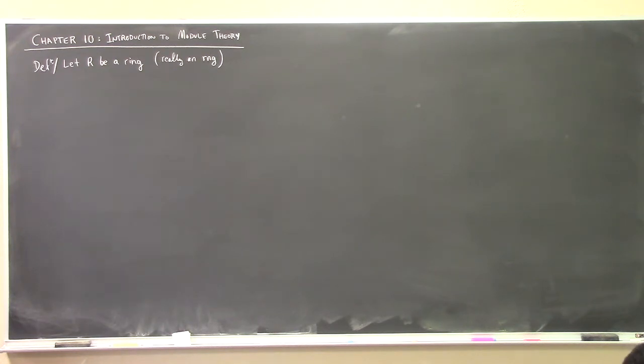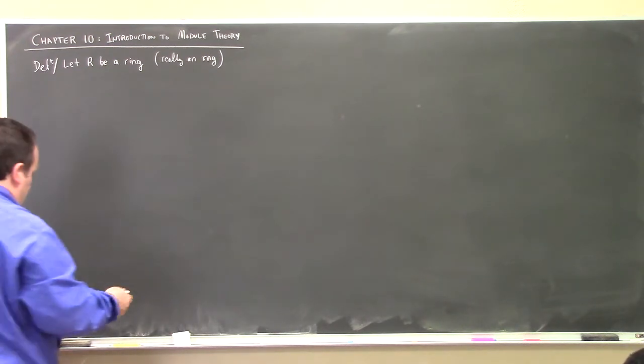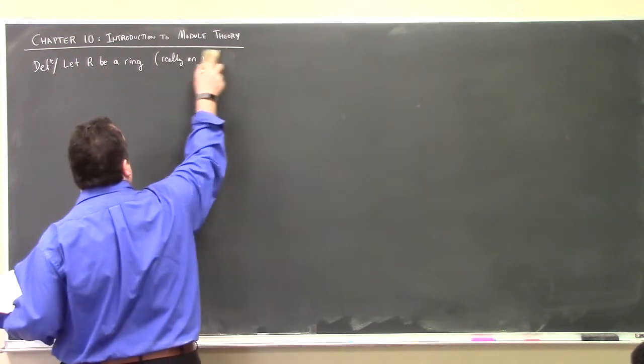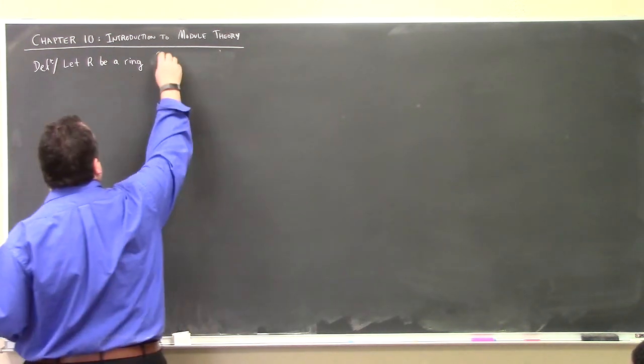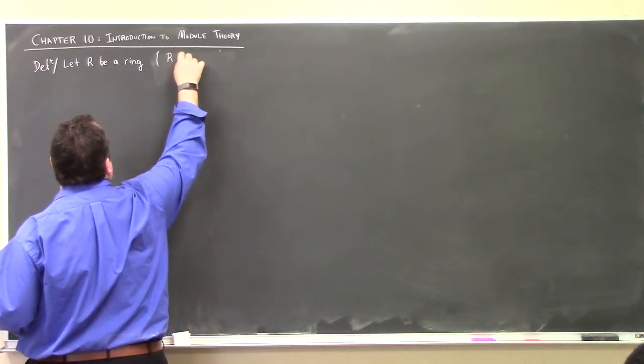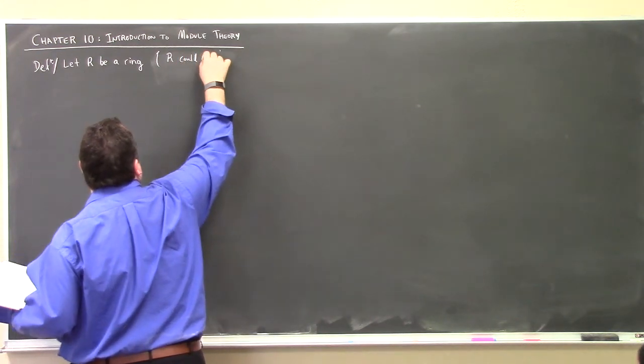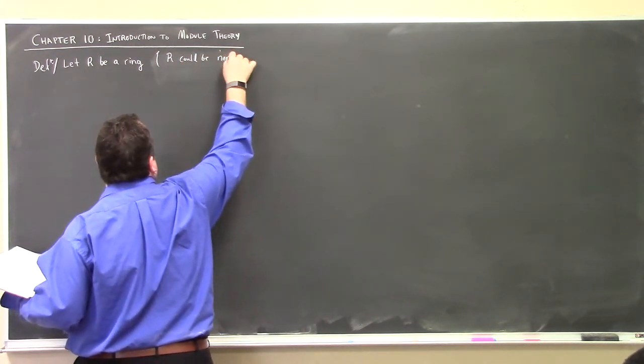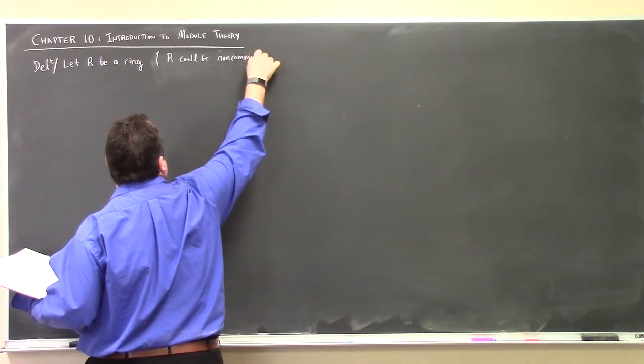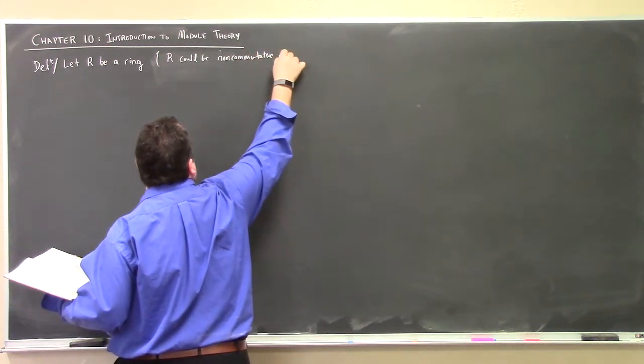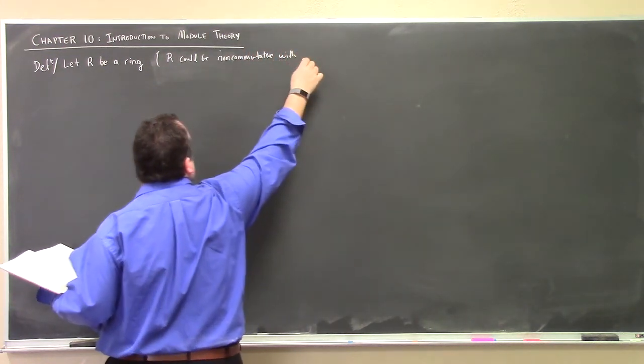So consider a possibly non-commutative ring, and it may not be a ring with identity. So R could be non-commutative with no identity.